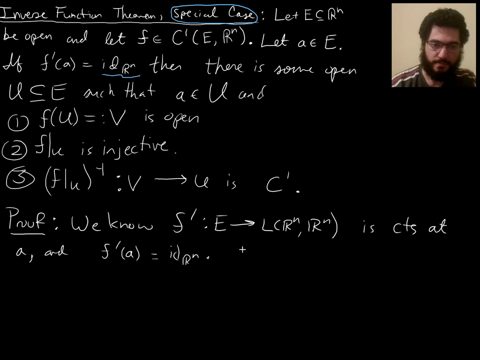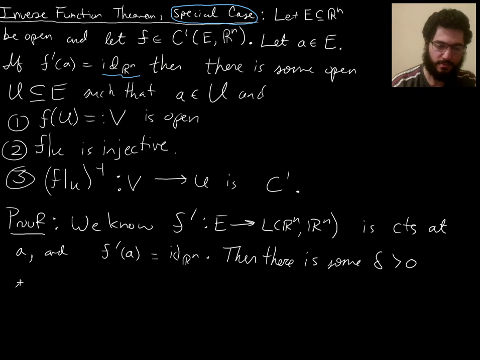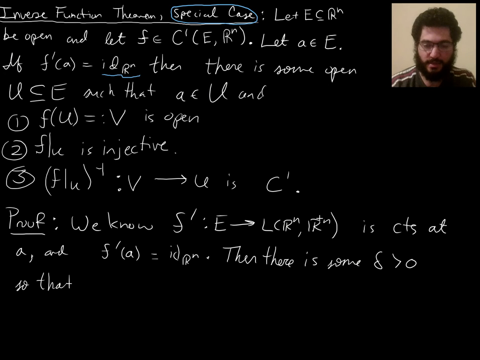So let's see. Then there is some delta greater than 0, so this is me using the continuity of this function, f prime, from the metric space E to the metric space L Rn Rn.